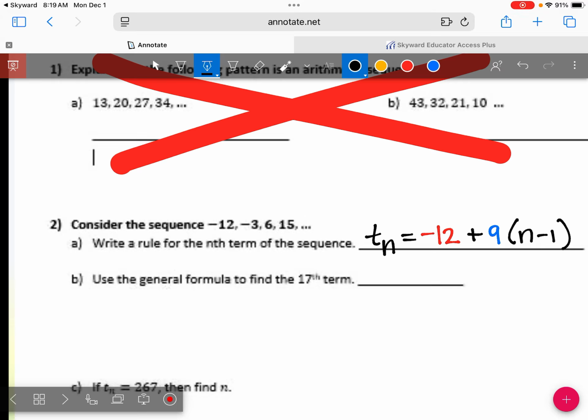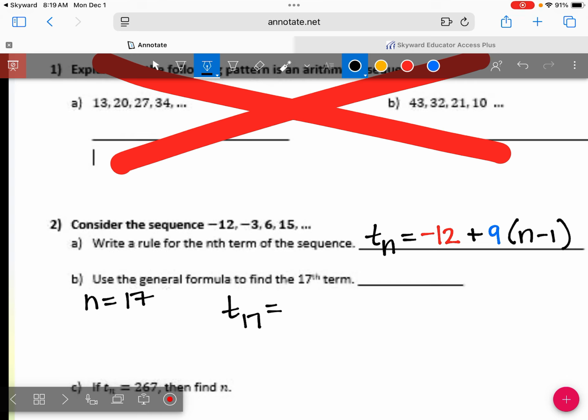So now that I have this rule, because they gave us the first 4 numbers, I can figure out what the 17th number would be. And to figure out the 17th number, that means that n would equal 17. So let's go ahead and figure out T17.